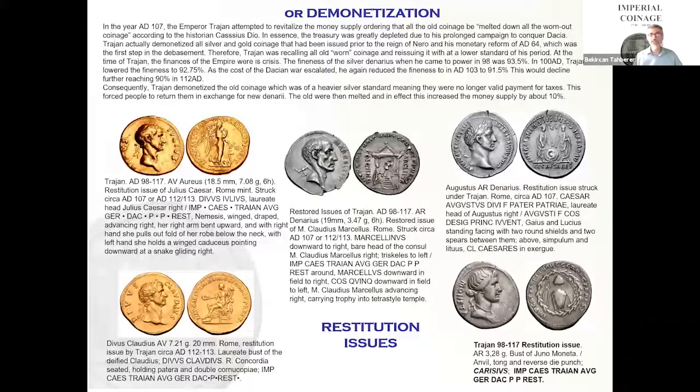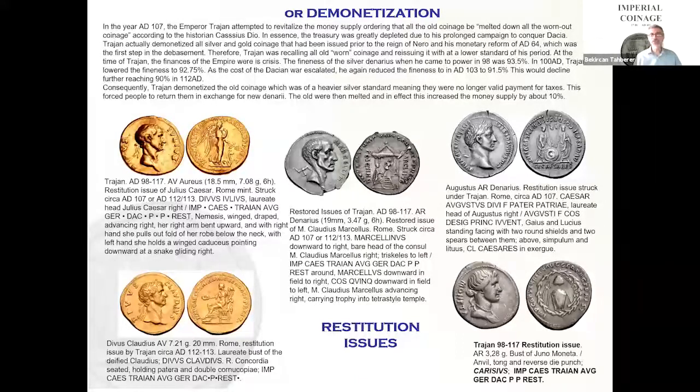But the coinage during his time was not reputable enough. Let's put it that way. The weight and the pureness of metal was so undependable that he had to do something about that.